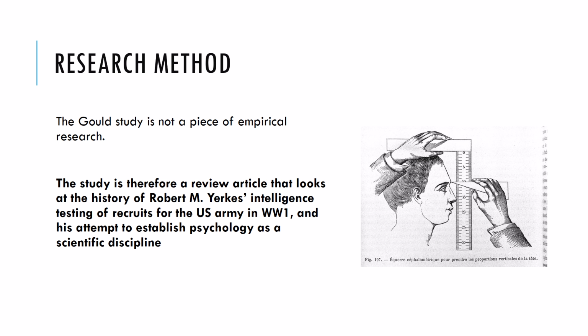Gould wrote a book in 1981 called The Mismeasure of Man, and he traced the history of the measurement of human intelligence from the 19th century, when we would study craniology, and that's a picture of craniology going on just there. Craniology was the measurement of the skull in order to determine your intelligence level. He started there and then tracked all the way through to today's more technical and sophisticated methods of IQ testing.